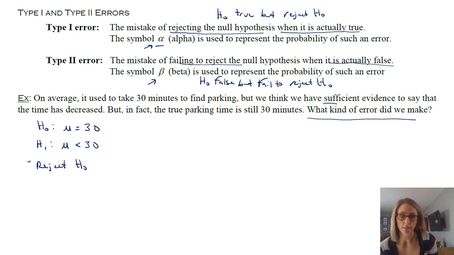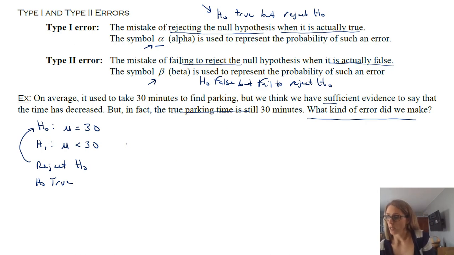However, the true parking time is still 30 minutes. So H naught is actually true. Notice that H naught is true, but you rejected it. So you're making the type 1 error.